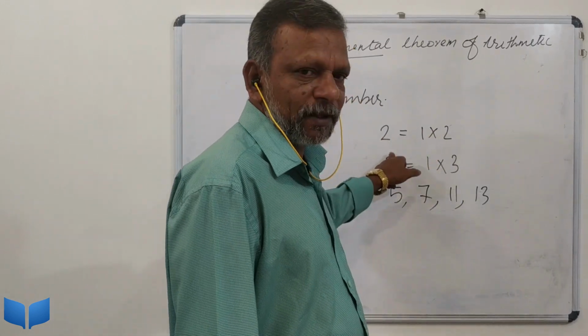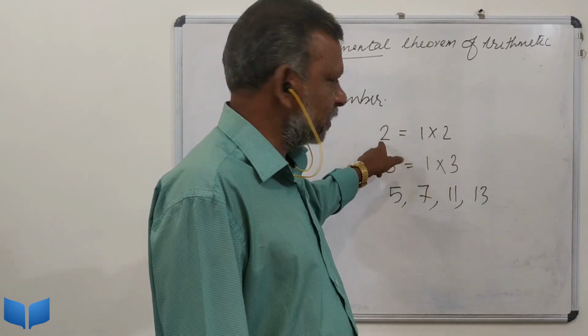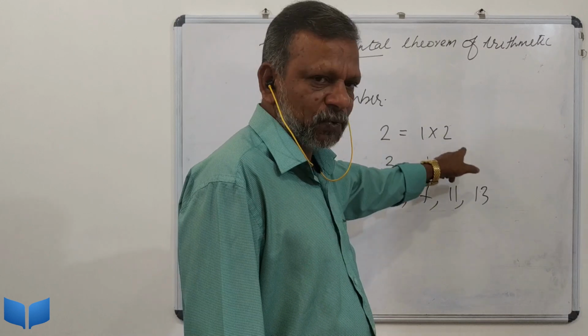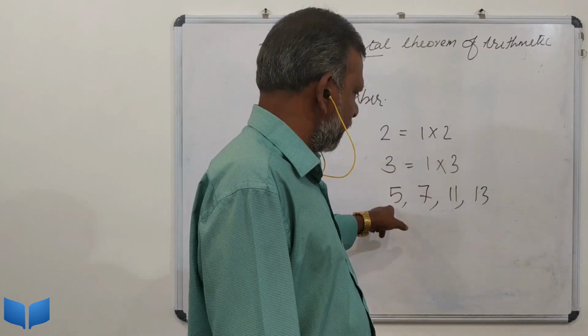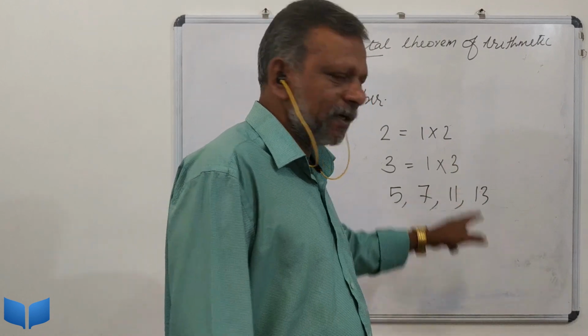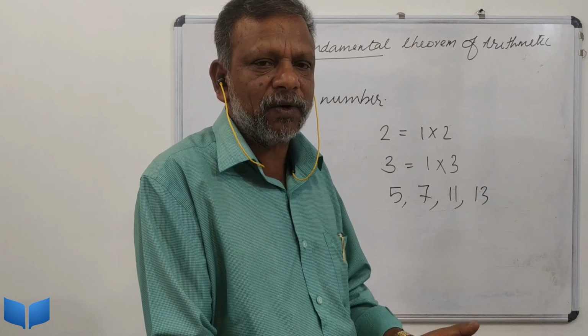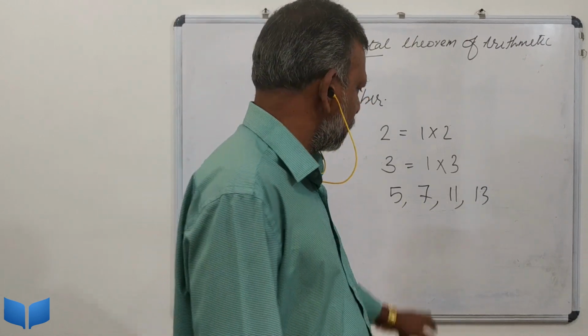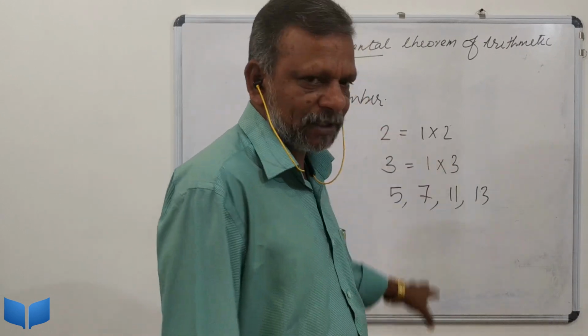For example, 2 can be written as the product of 1 and 2. 3 is the product of 1 and 3. 5, 1 and 5. 7 equals 1 into 7. That means 7 is also written as the product of 1 and 7 itself. So all these numbers are prime numbers.